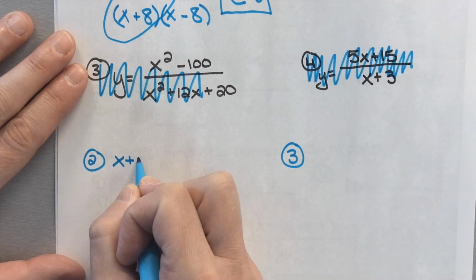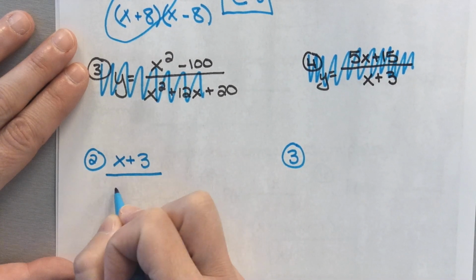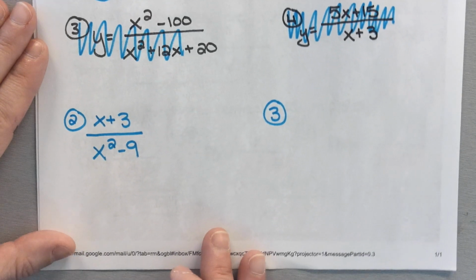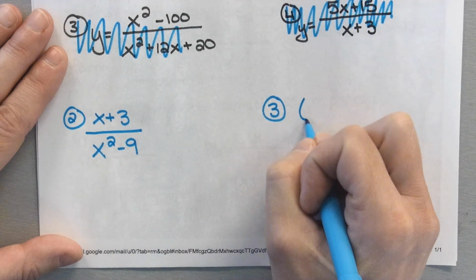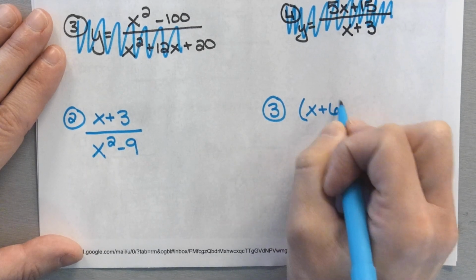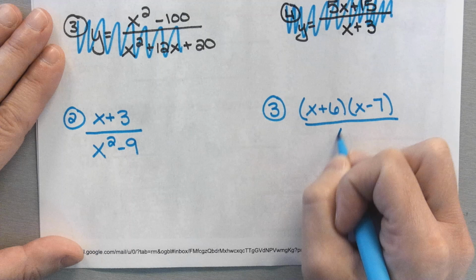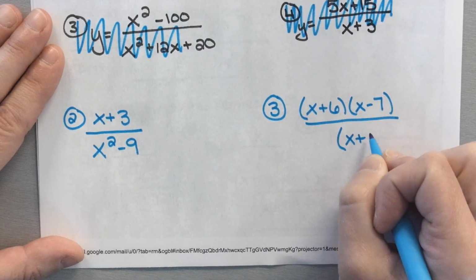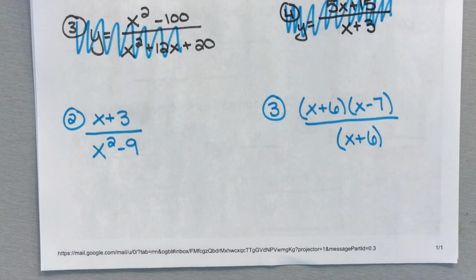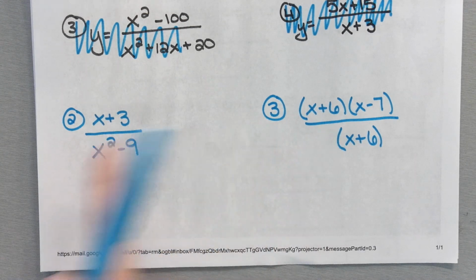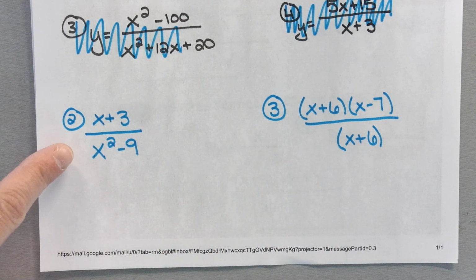Okay, let's do another one. Next problem, same thing. We're not going to do the other ones. All right, so some of them are going to be factored for you on the classwork and on the quiz, and some of them are not going to be factored for you.